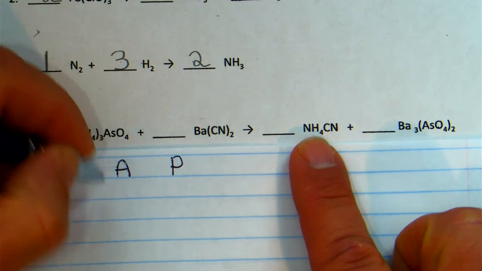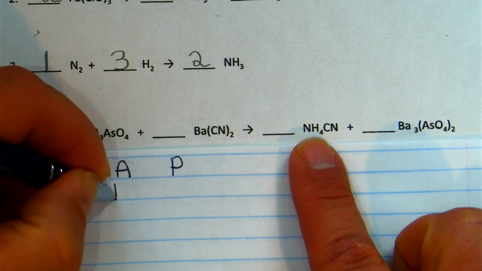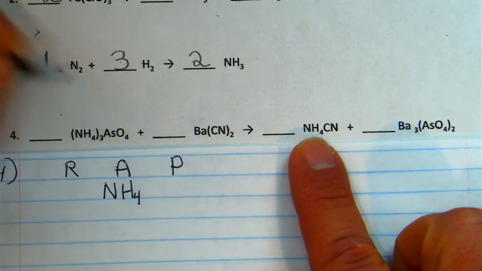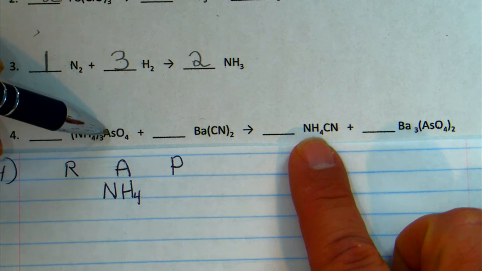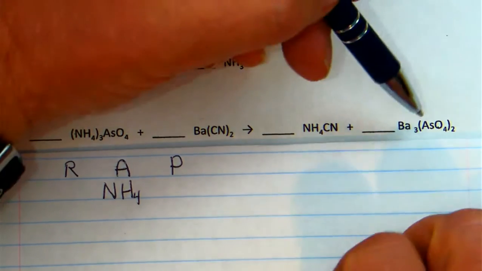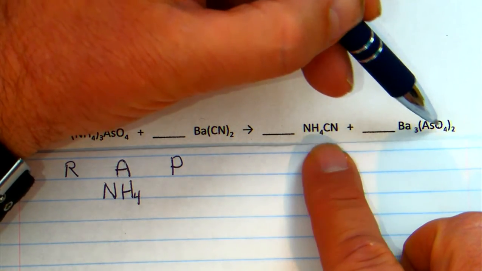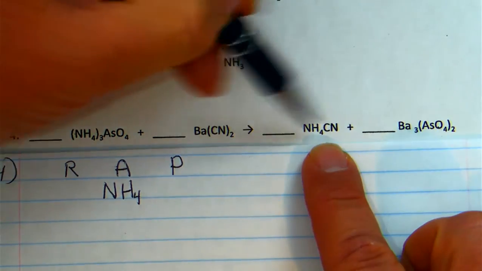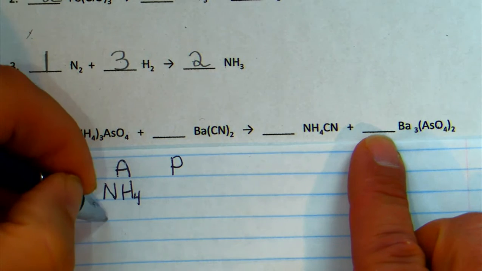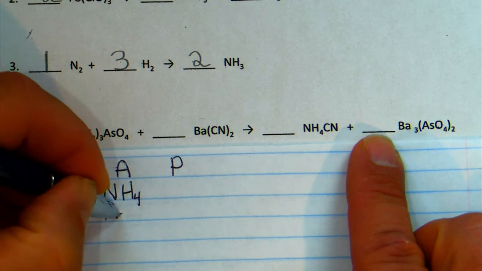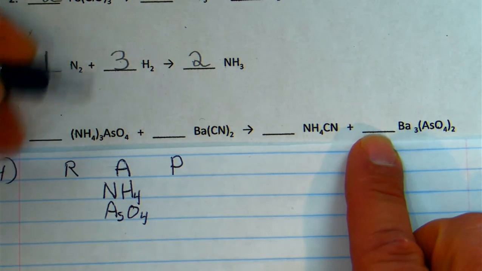I can treat it as the group that it is, NH4. Same thing can be said for arsenate. I see AsO4 on the left. I see it still as a group on the right. There's no arsenic anywhere else. There's no oxygen anywhere else. So I can treat this as a complete group, AsO4.